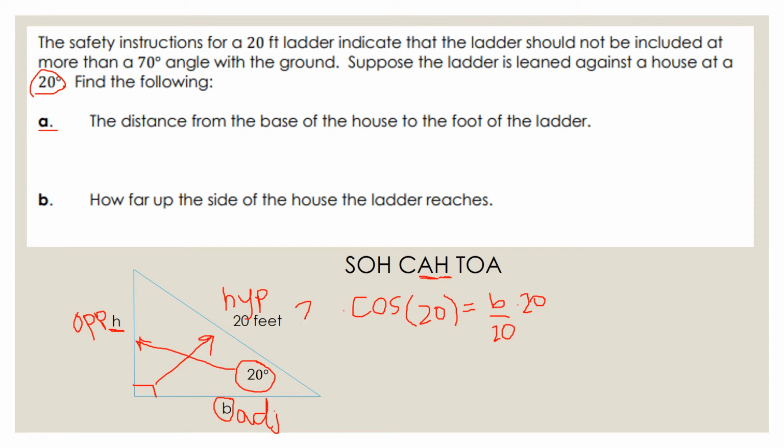If we multiply this side by 20, we multiply the other side by 20, and those 20s that we multiplied on one side are going to divide to 1. Next, we can find the cosine of 20 times 20, which is going to give us about 18.793.